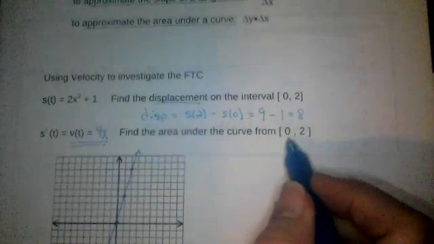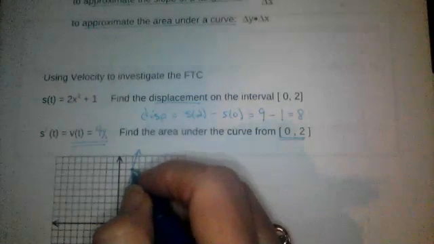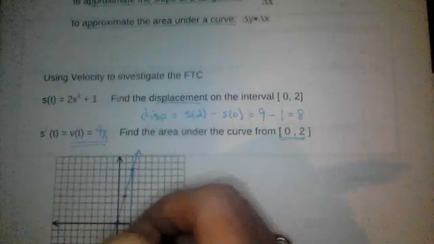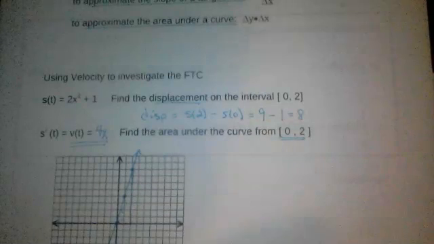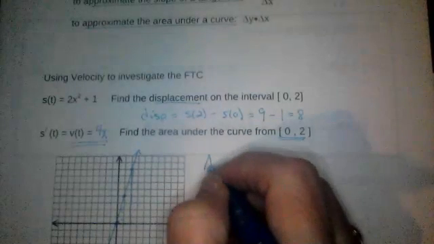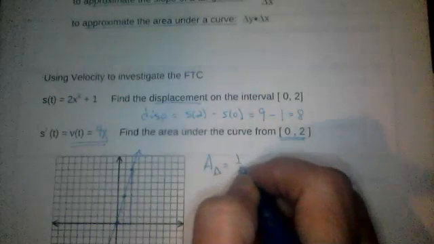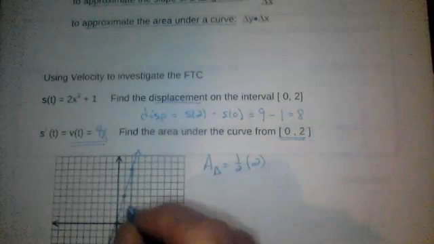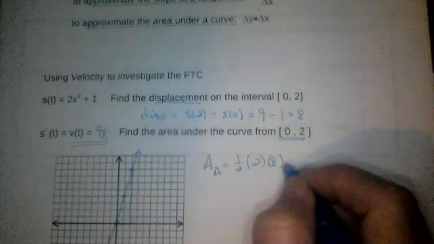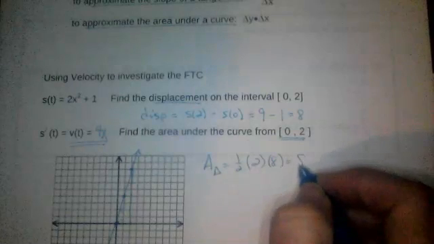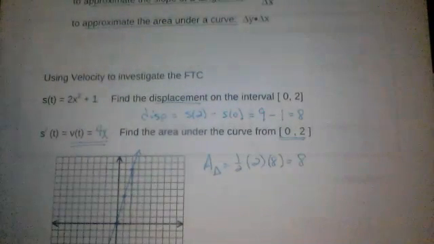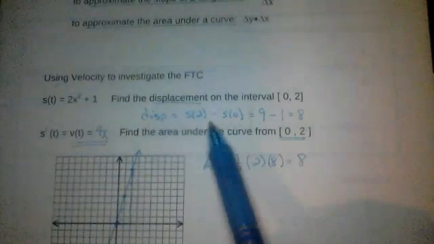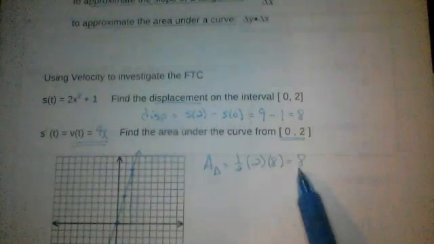And it wants me to find the area from 0 to 2. So it's this triangle in here. Okay. So the area of that triangle is 1/2 the base, which is 2 units, times the height, which is 8 units. So 1/2 of 16 is 8. So displacement in this case and this area seem to be the same.